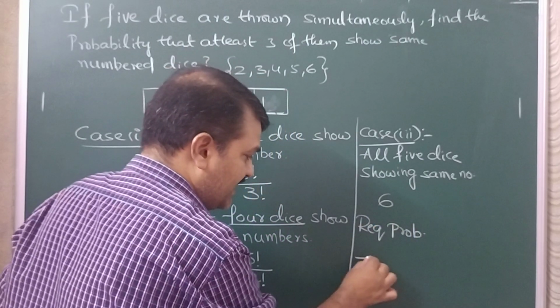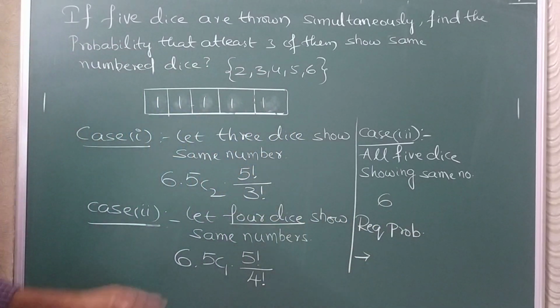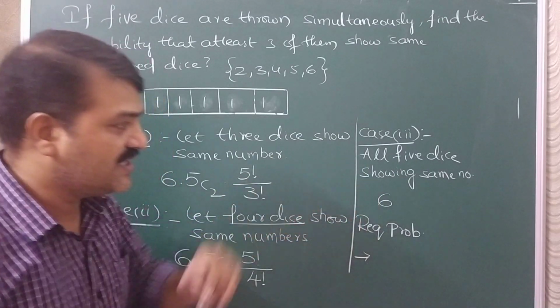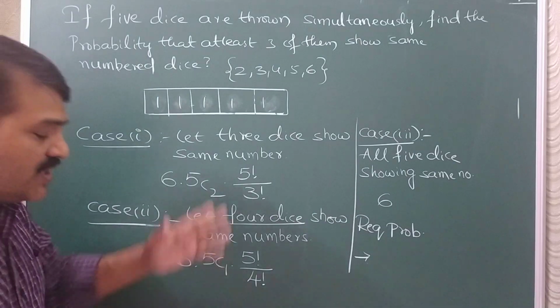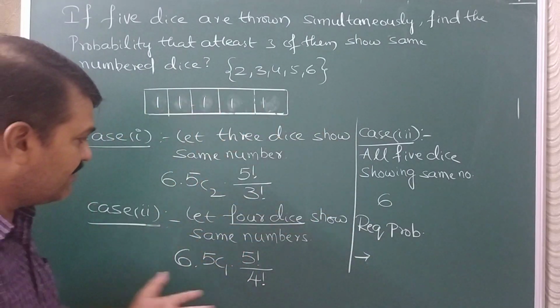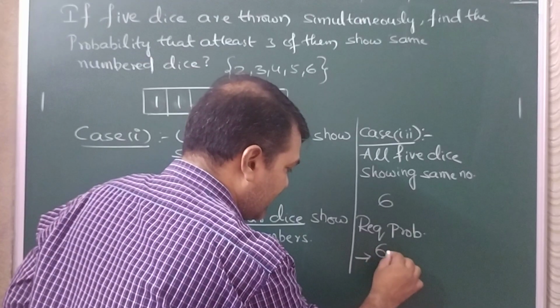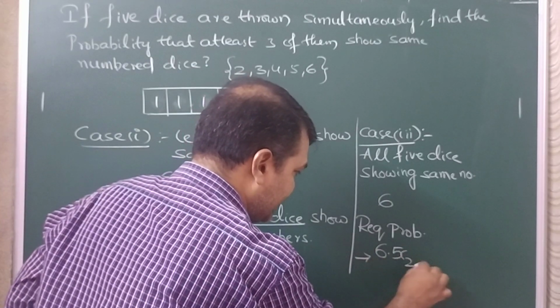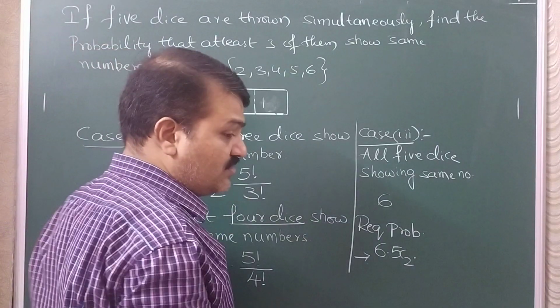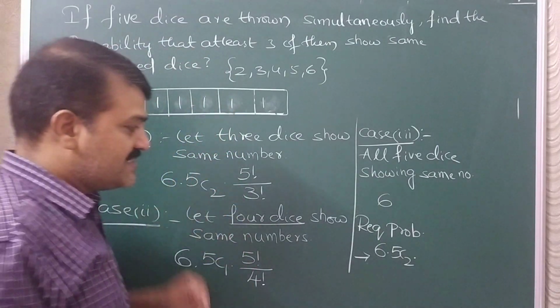The required probability is, either the first case or the second case or the third case is possible, so what is the total number of ways? We have to add these, no? Total number of ways means I will write 6 into 5C2 into 5 factorial by 3 factorial, which is how much? 120 by 6, no?